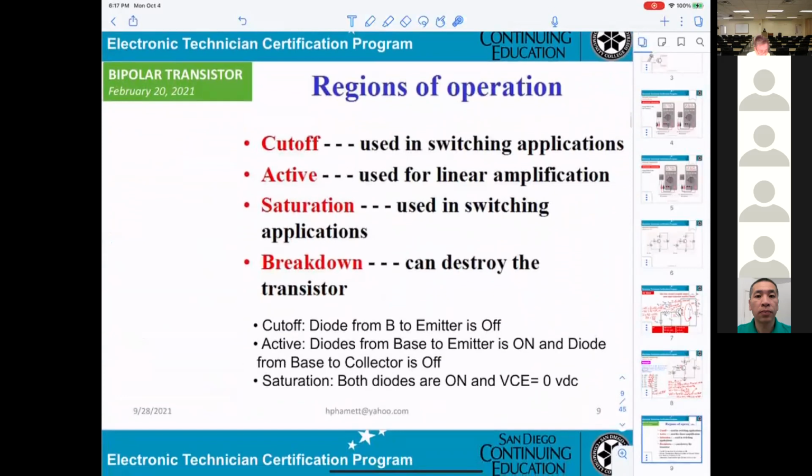Okay, active region. That means you want to use the transistor for amplification, as an amplifier.